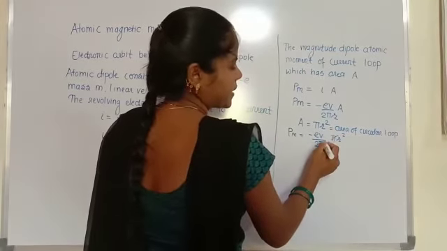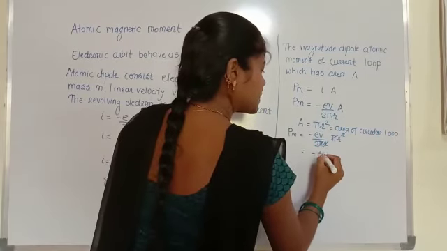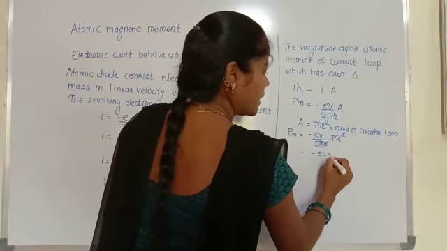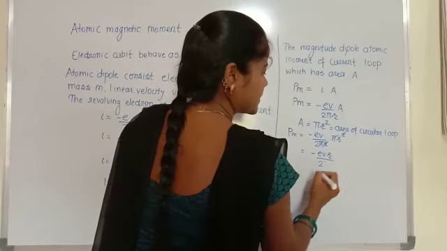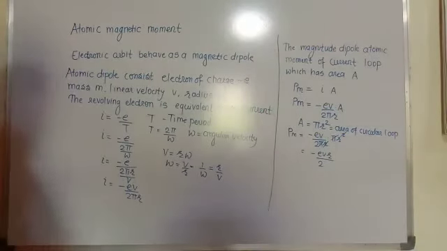So this π gets cancelled and one r gets cancelled, so we get minus evr divided by 2.